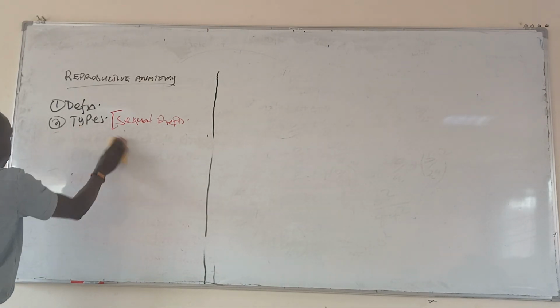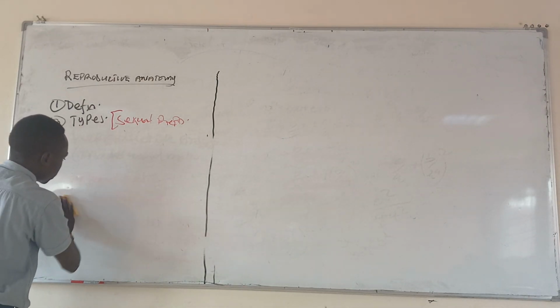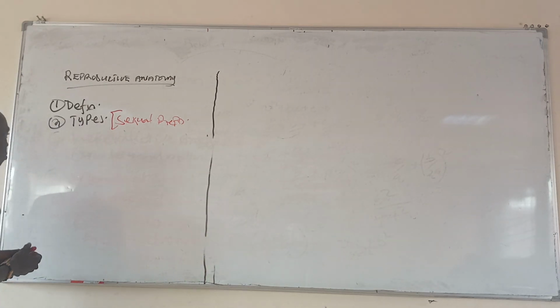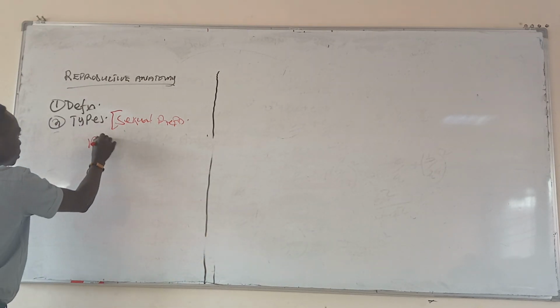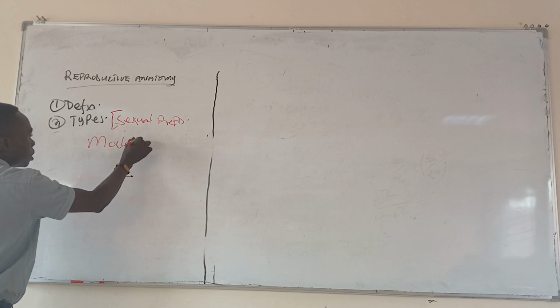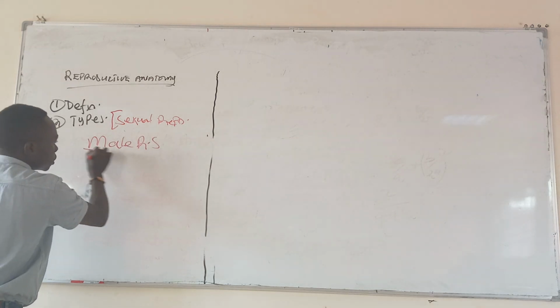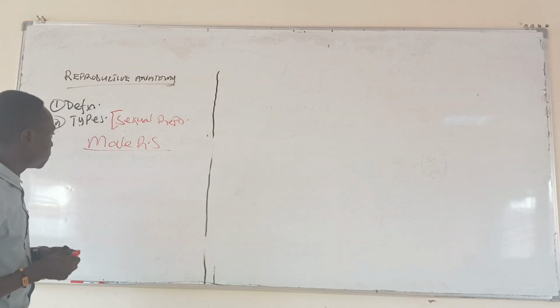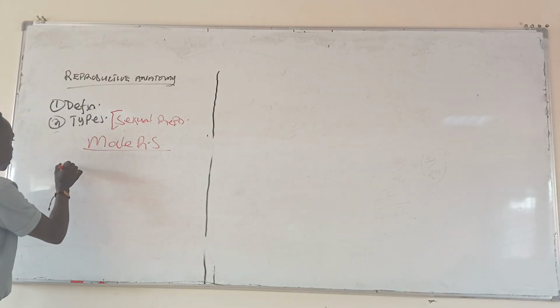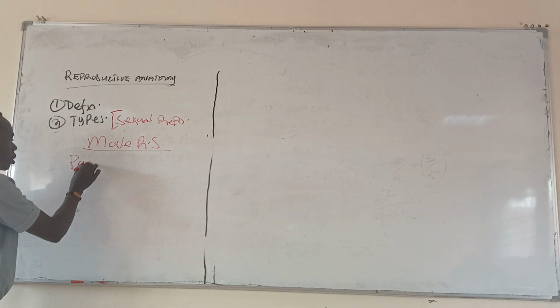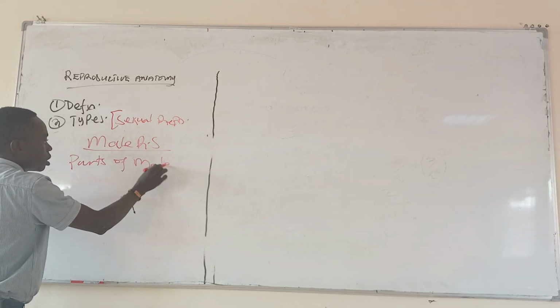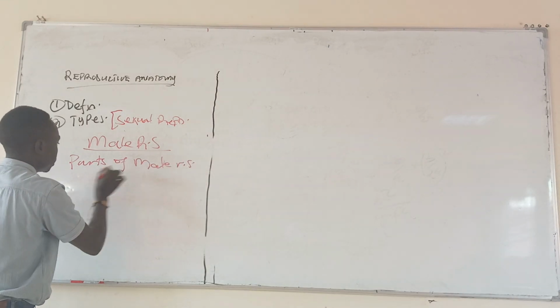As said earlier, we are going to start talking about the reproductive structures in man, starting with the male reproductive system. What are the parts of the male reproductive system?